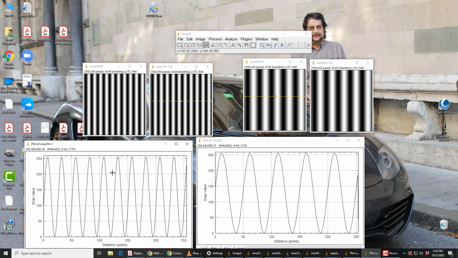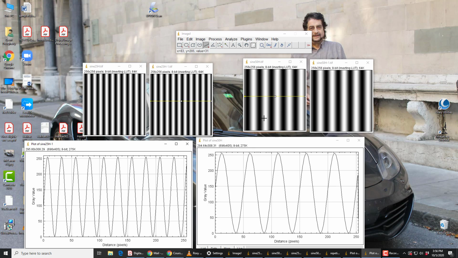And therefore its spatial frequency is the inverse of that. The spatial frequency of this pattern is 1 over 25, or 0.04. Twice the spatial frequency of this. This is a higher spatial frequency. This is a lower spatial frequency.